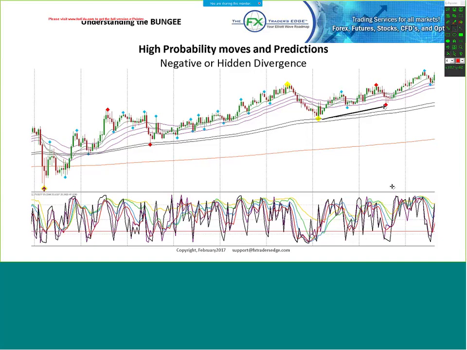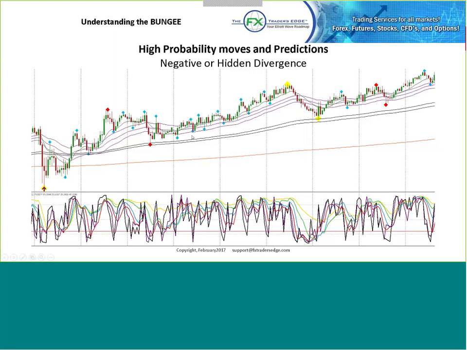A higher low, and a lower low on the black bungee. It spiked right down, and once again we're going higher. There are probably better examples you can find.